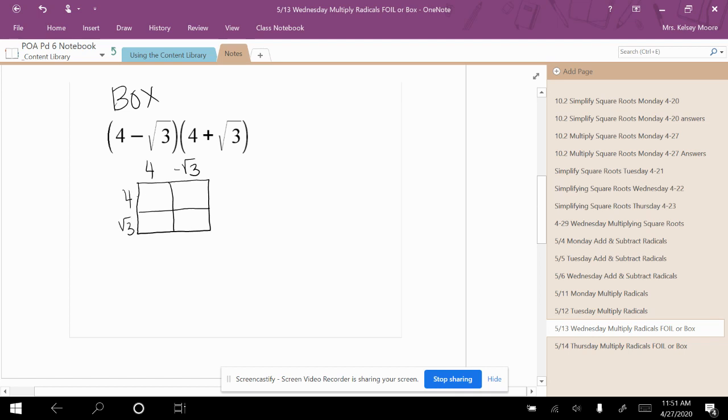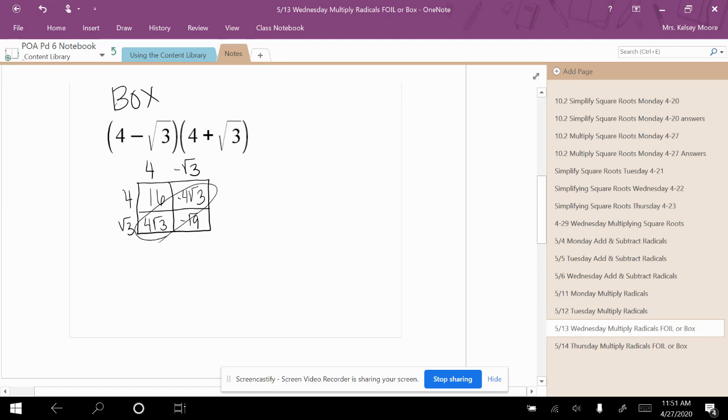And when you multiply them together, remember you just multiply. So 4 times 4 is 16. Then you get negative 4 square root of 3, positive 4 square root of 3, and negative square root of 9. Then you're going to be able to add the diagonals together.